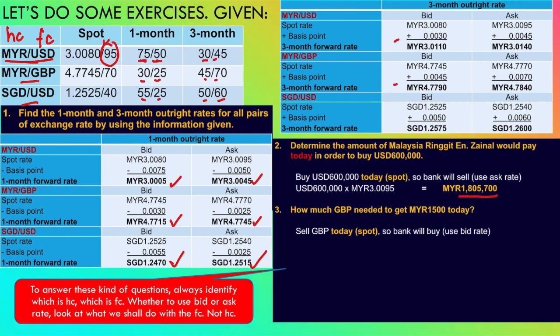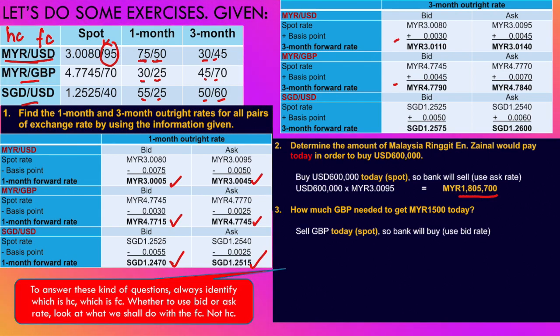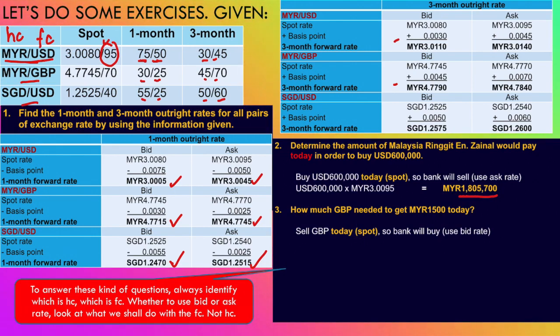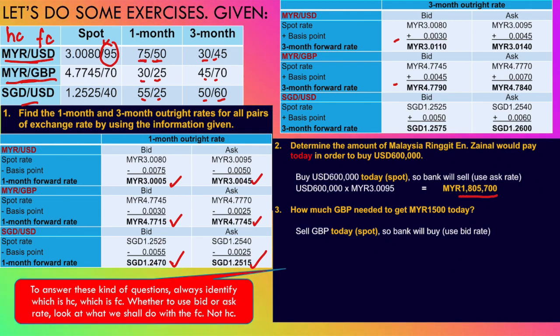Okay, third question. How much GBP needed to get 1,500 today? Okay, so again, for this one, home currency is Malaysia ringgit, foreign currency is GBP. How much GBP needed to get Malaysia ringgit?